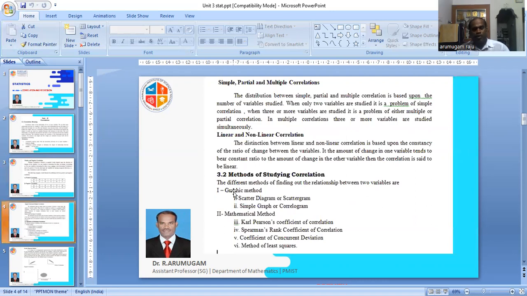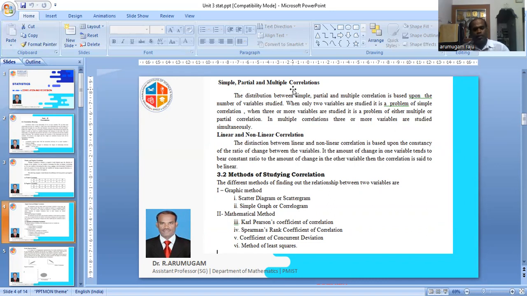In the same way, we can define simple, partial, and multiple correlation. Simple correlation is measuring only a two-variable relationship.